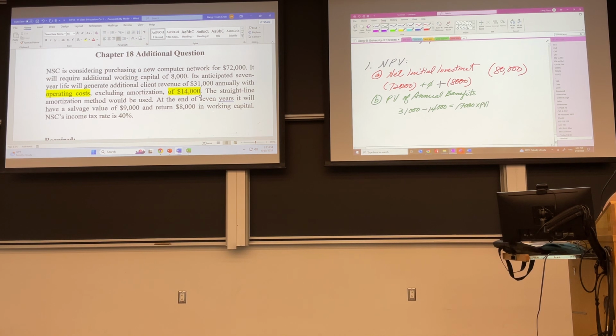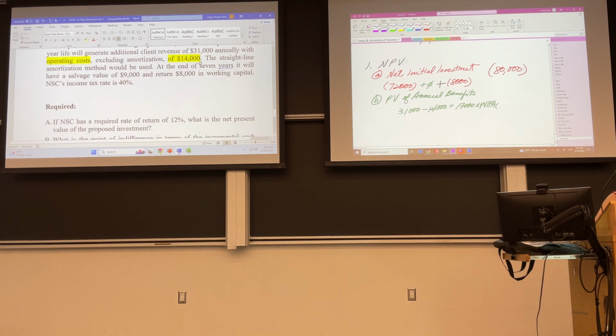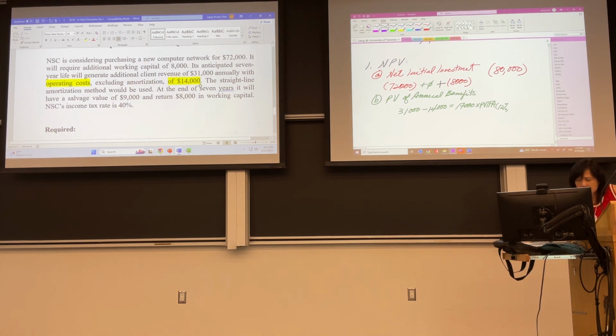Times present value interest factor, annuity. Required rate of return 12%. Okay? How many years? 7 years. Okay? Last one. I can go and find out the factor, but I come back later.